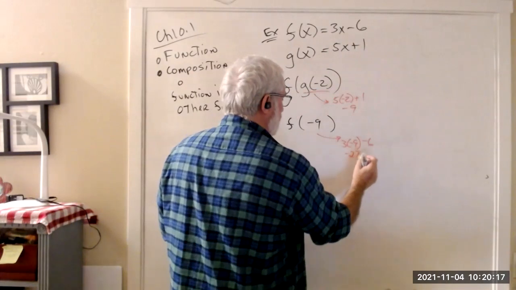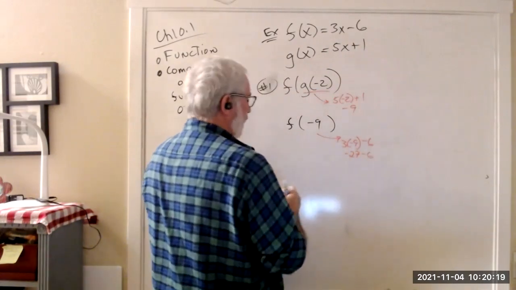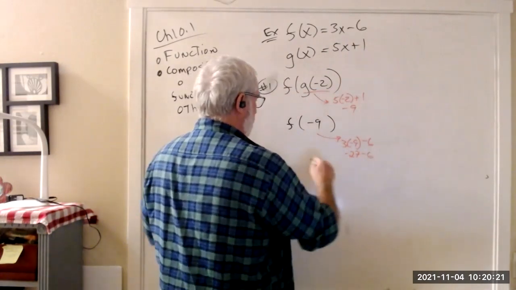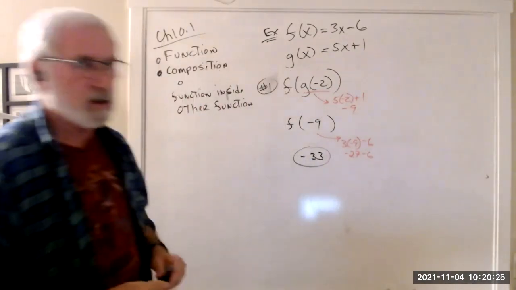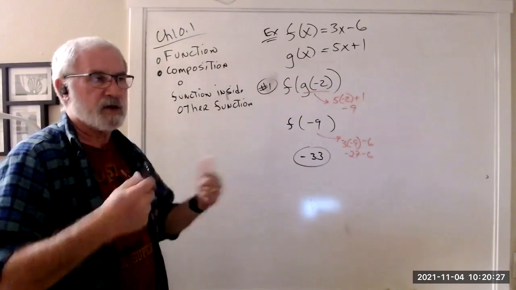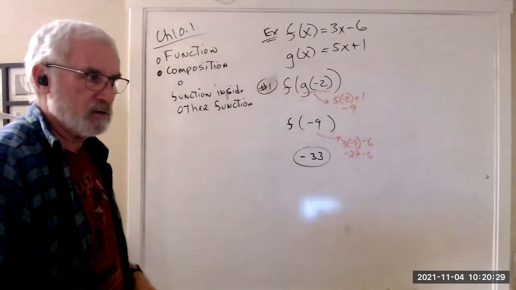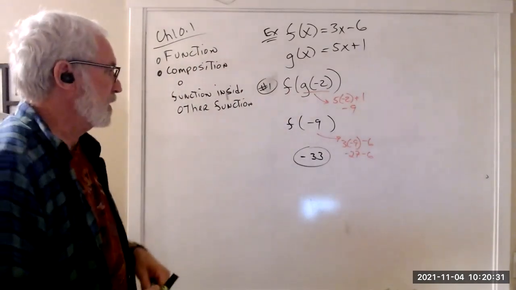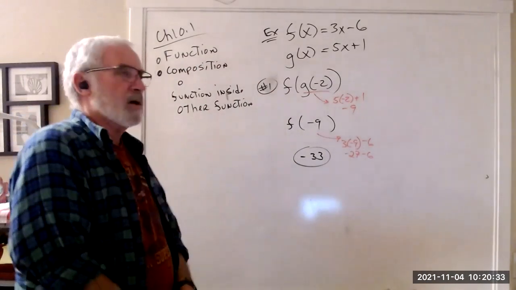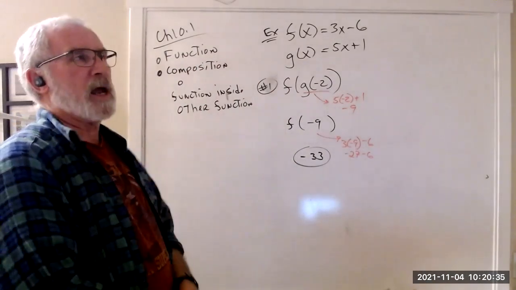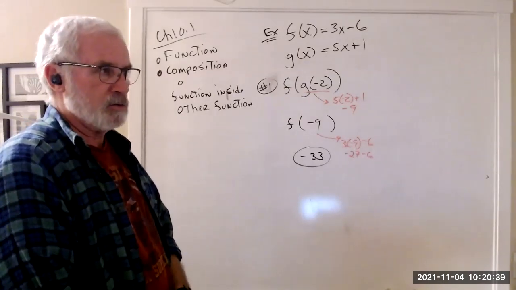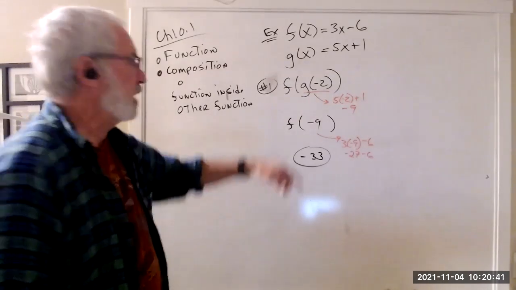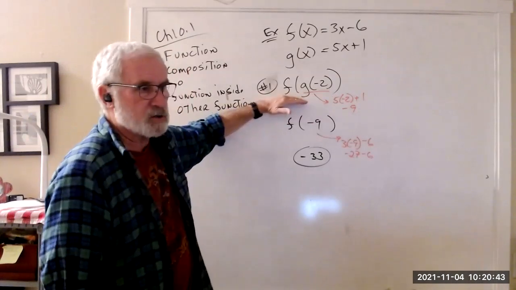It's negative 27 minus 6. That's negative 33. And that's simply your answer. Again, you're not solving anything. You're just plugging numbers in and doing arithmetic. So you just circle your answer. And that's about the easiest way I can ask a function composition, a function inside of a function, giving it to you this way.